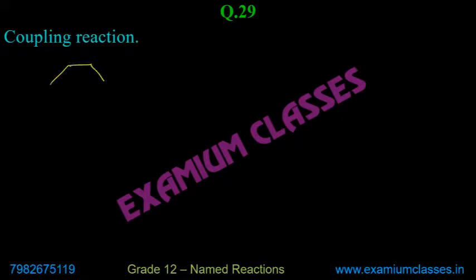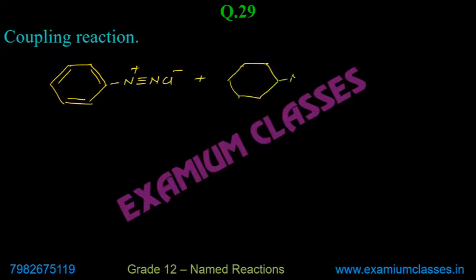Suppose I draw the same way. Okay, you have a diazonium salt, and now you get it reacted with primary aromatic amine. Instead of OH, now you have NH. And you know there is H here, so this HCl will go away, similar to that previous one.